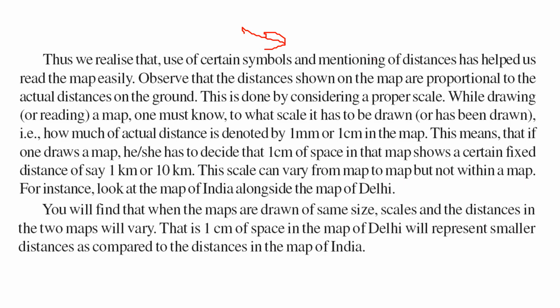Also, mentioning the distance has really helped this map to be understood, and the distances are proportional, and Meena has used proper scaling for that. For a particular distance on the map, she has shown what the actual distance is. She has proportionately shown the distance on the map, right?